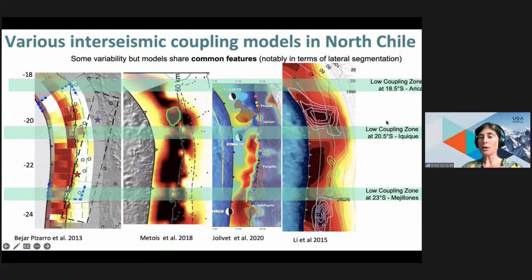We have one low coupling zone here just south of Iquique in the area of the airport, another low coupling zone in the area of Mejillones, and here another low coupling zone in the area of Arica. But this one is less well constrained because we need data both in South Peru and in North Chile.